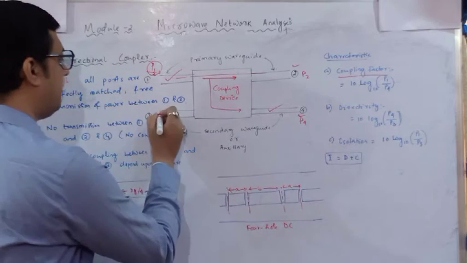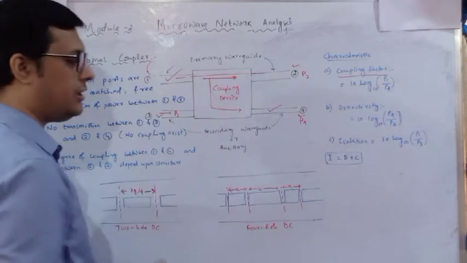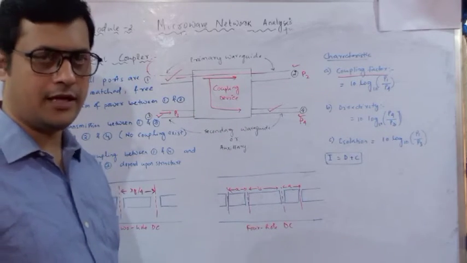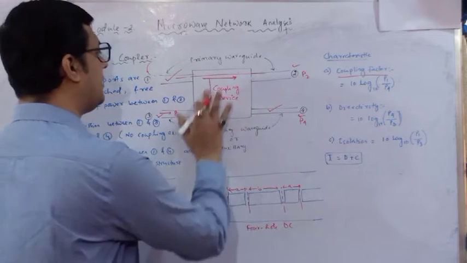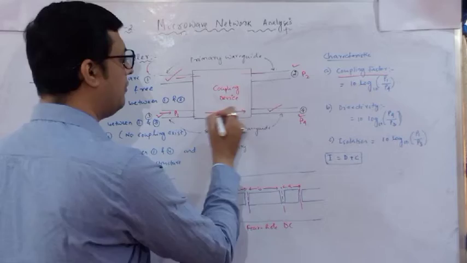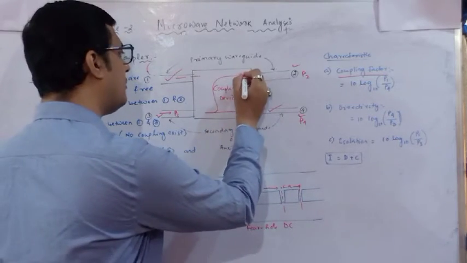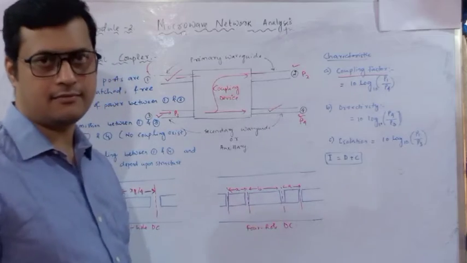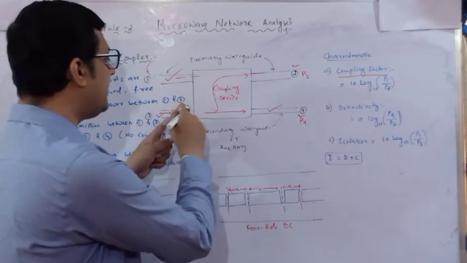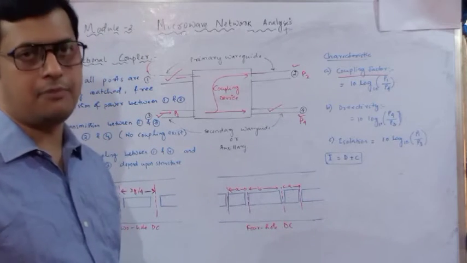For example, if I am feeding the power at port 3, there is no port 3 in the secondary section. Okay, so when I am feeding the power in port 3, in that case the power will flow in the secondary line as well as some power will flow to the primary section. Okay, and this linkage between P3 and P2 will give you the coupling factor.